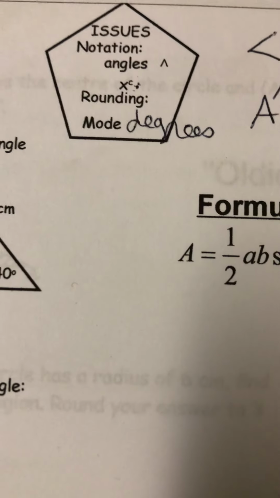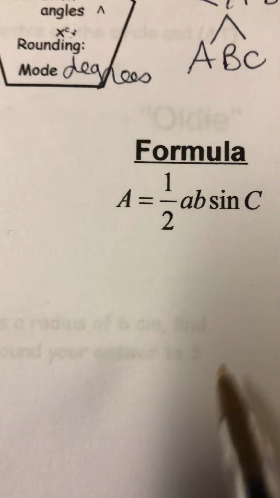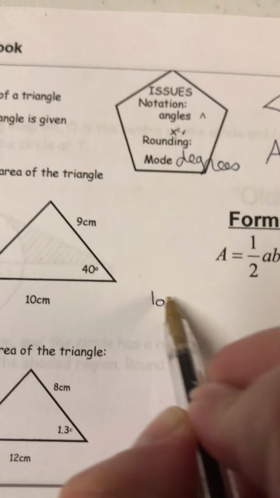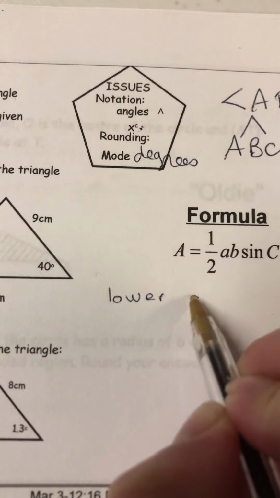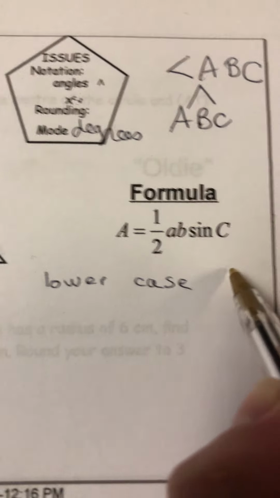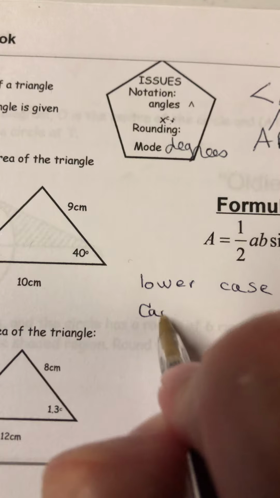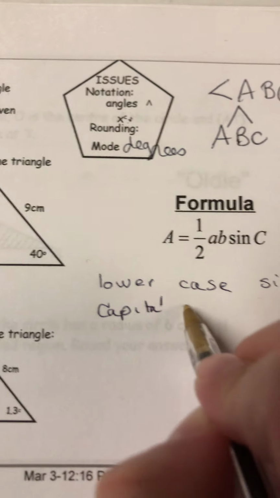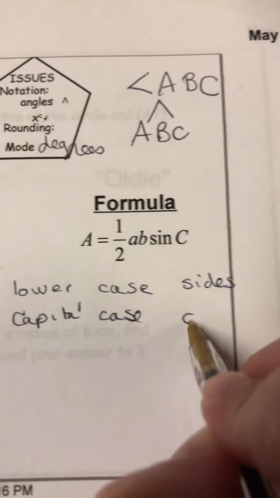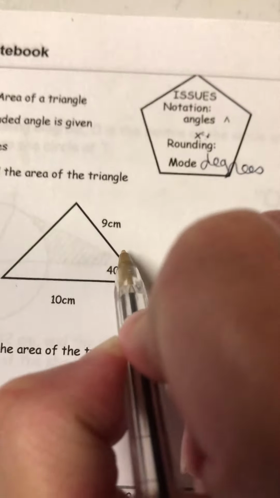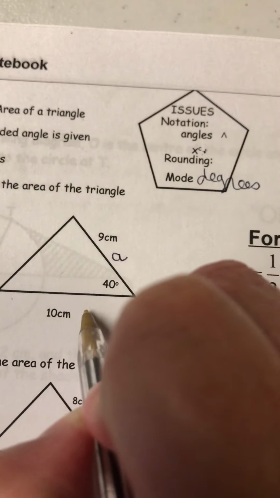Now, in case you're rusty with geometry, the lowercase letters are reserved for the sides of your triangle, and the capital letters are reserved for the angles. So let's suppose this is side a and this is side b.